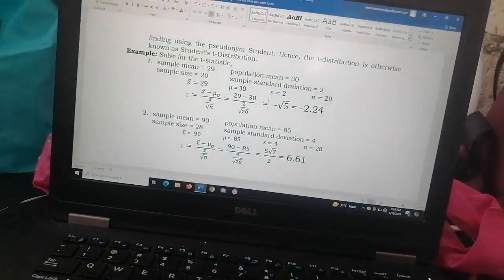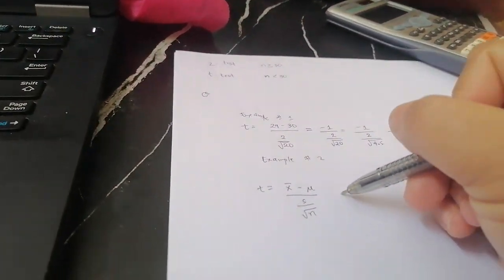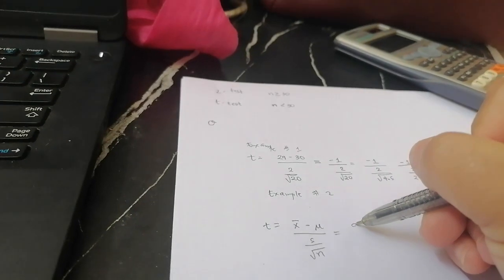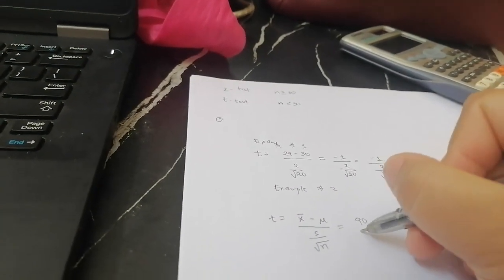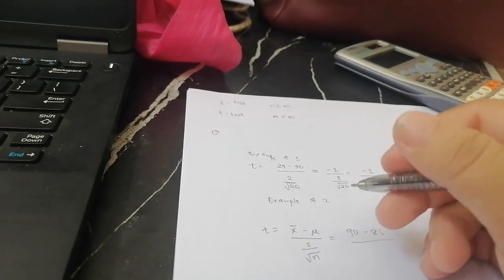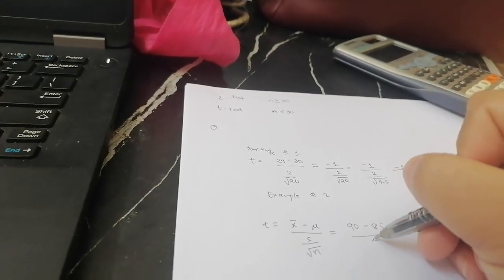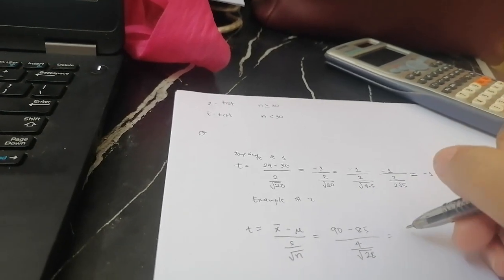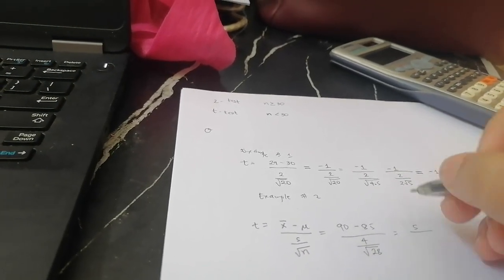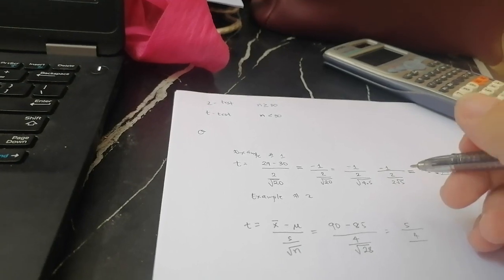So what is our sample mean? 90. t is equal to 90 minus 85 divided by 4 divided by square root of 28. So 90 minus 85, that is 5 divided by 4 divided by square root of 28.